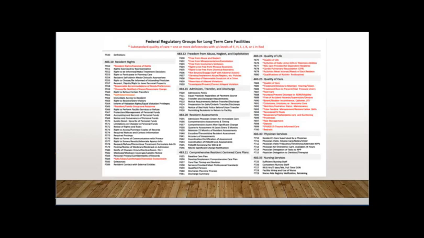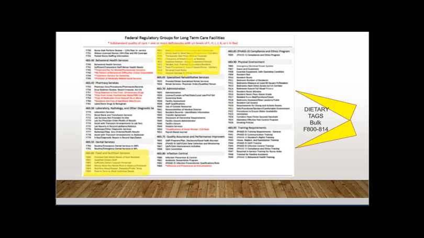When they did this, they also gave categories, so certain tags go under resident rights, certain tags go under freedom from abuse. We can see the ones highlighted in yellow for food and nutrition services. Anything that pertains to our areas as CDMs is put under food and nutrition.